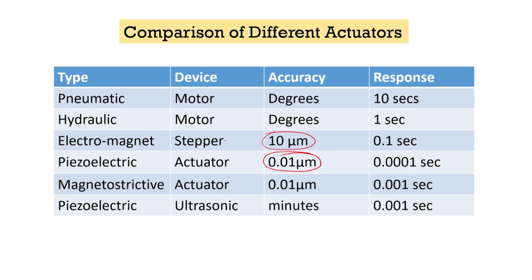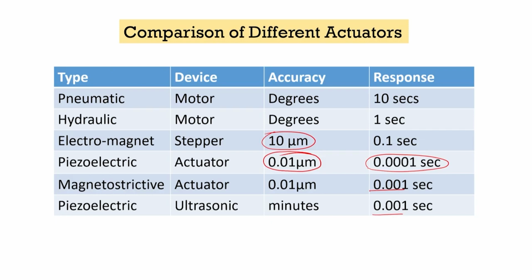So, you can see that it is something which is 3 orders of magnitude more precise, and the response time is so fast, 4 orders of magnitude lower. Okay. So, you are going to see a very fast response time in these systems, and that is of course piezoelectric. Magnetostrictives are a little slower, and there are some ultrasonic systems which are also a little bit slow.